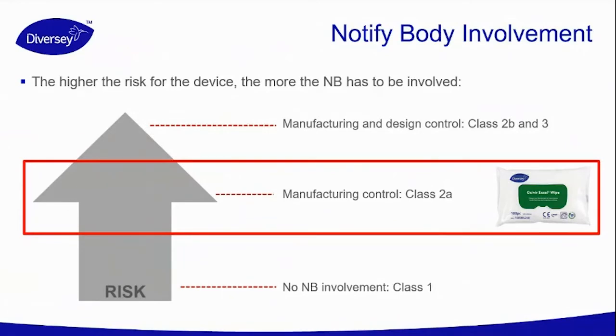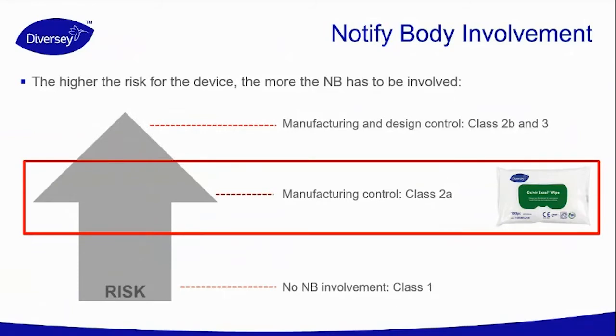The first class of medical devices are the medical devices class 1. The risk is very low, and therefore there is no notified body involvement. For example, a cleaner of medical devices is a medical device class 1. Then the second level of medical device is class 2A. There, the notified body is involved.